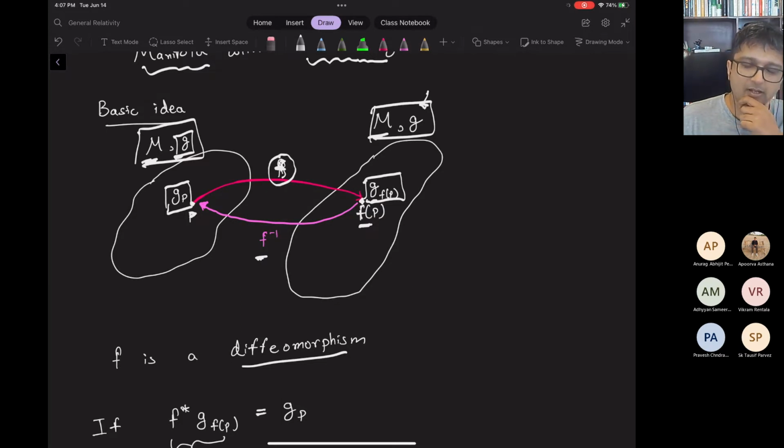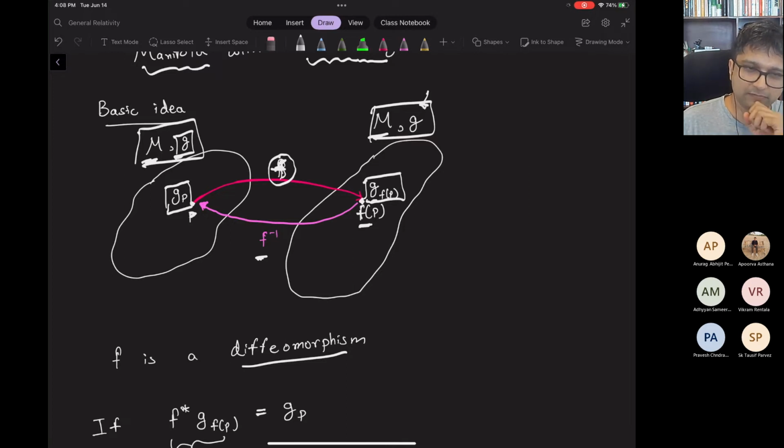Now what we'd like to do is talk about a special class of diffeomorphisms. This is very general: for any diffeomorphism F from the manifold to itself, you will induce this kind of transformation. But now we want to take a special class of diffeomorphisms.